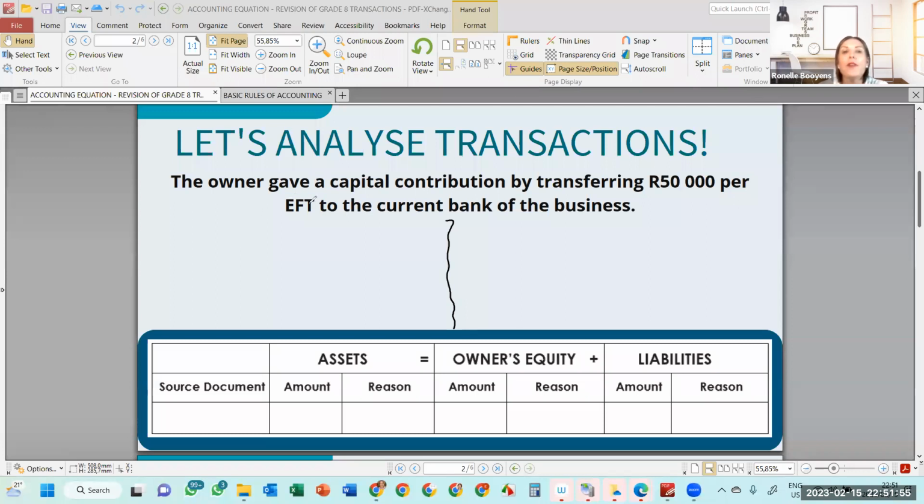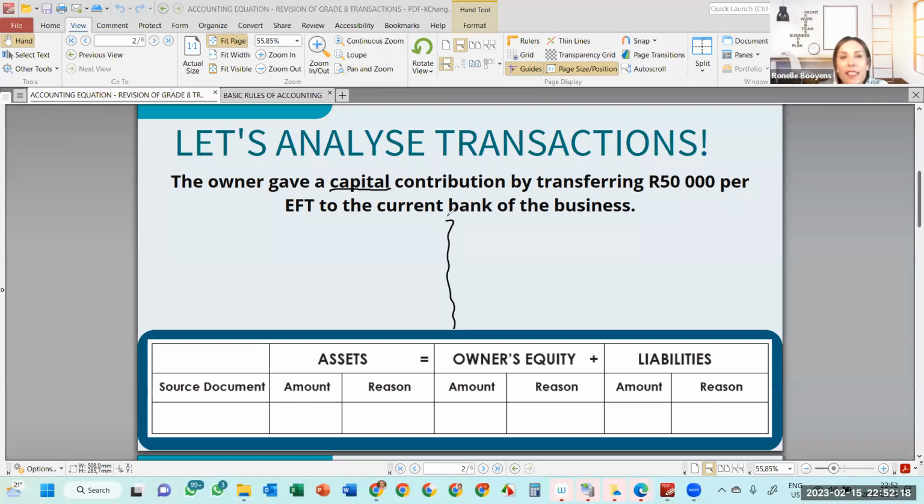Okay, so if we read this transaction, we need to identify 2 accounts which are affected by this transaction. Now, can you see, if we look at it, capital is the name of one of the accounts that specifically appears on that accounting equation poster. So capital is one account.